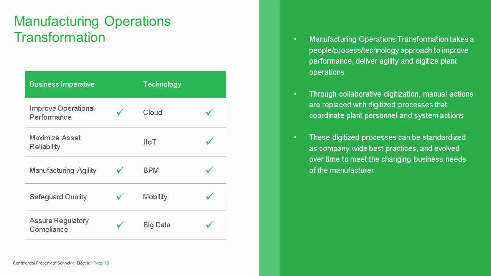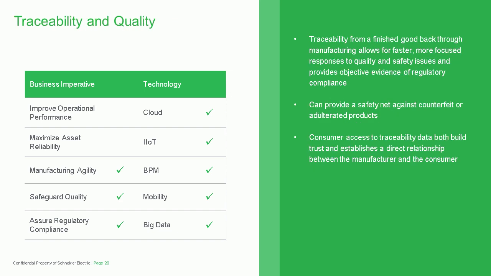Again, cloud, secondary sensing, IoT, mobility, big data analytics, BPM, all of those technologies can really help add value to the MES or MOM solutions that are in the plant today, and address, as you can see, a number of the business imperatives that we see customers driving to with digital transformation.